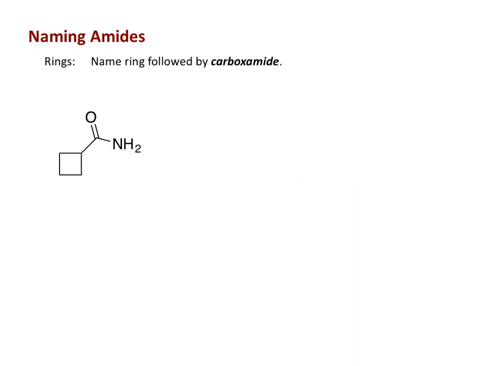Let's do one last example with amides, and that's when you have it on a ring. And basically, you're going to name the ring followed by carboxamide. And this is based off of how you would name a carboxylic acid on the ring. So this would be cyclobutane carboxylic acid.